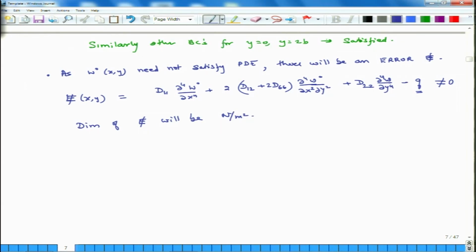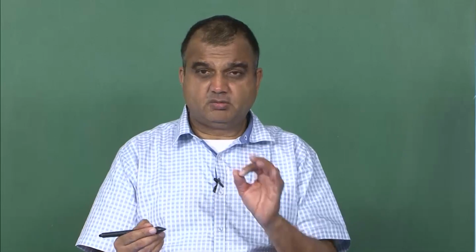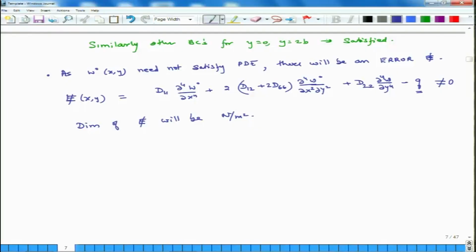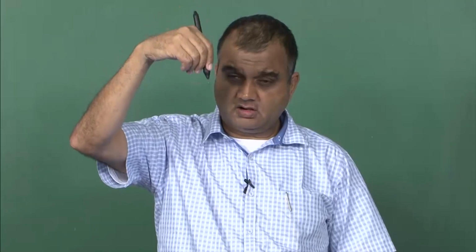Okay. So, it is force per unit area. If I multiply this force per unit area by a small element of area, then I will get force in the z direction. Because the direction of E is in the vertical direction, as Q is in the vertical direction, if I multiply this by some area, the error will represent an error in force in the z direction.